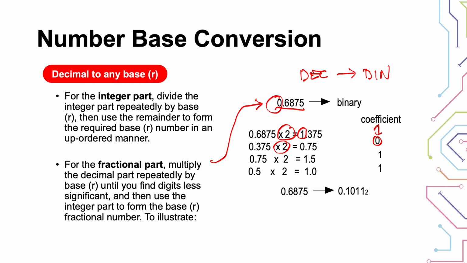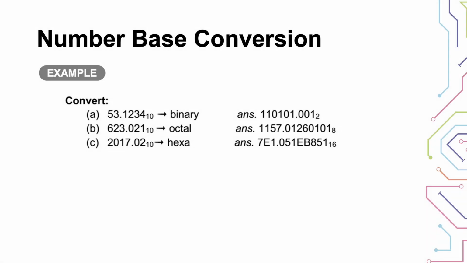And then 0.75 times 2, we have 1 na already, so we put here 1. And then yung 0.5, yun na naman yung magko-continue multiplied by 2, and so on and so forth. And you will just stop based on kung ano yung instruction na ibibigay, kung ilang decimal digits lang ang i-allow.